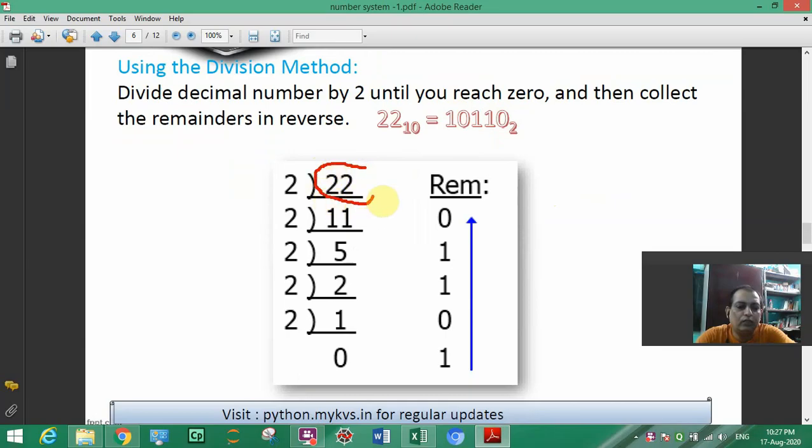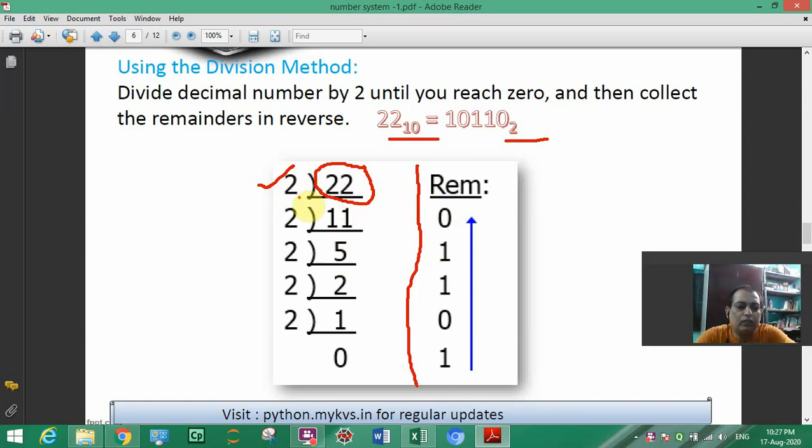Binary means base 2, decimal means base 10, so we are going to change it into binary. We will divide this number by 2 and write the remainder at one place, and the quotient will go below the number.